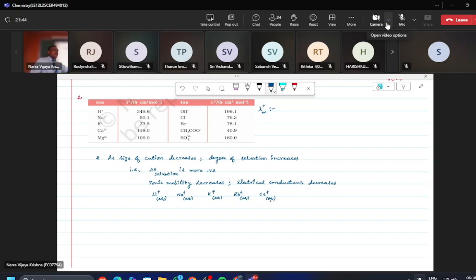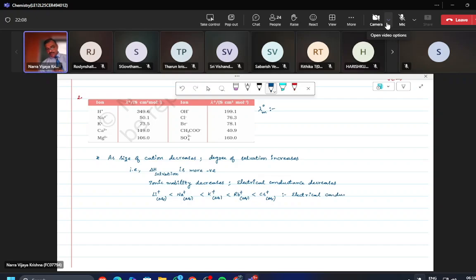Among them, which will move towards the cathode readily? Cesium. Because less water, less luggage, more comfort. Correct now? So cesium plus will move towards the cathode readily, so the electrical conductance of cesium plus will be high. Accepted? This is their respective electrical conductance.